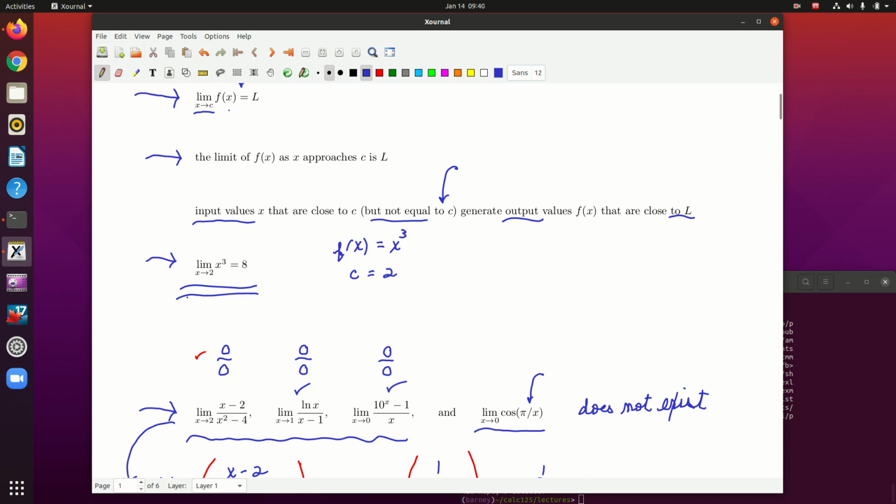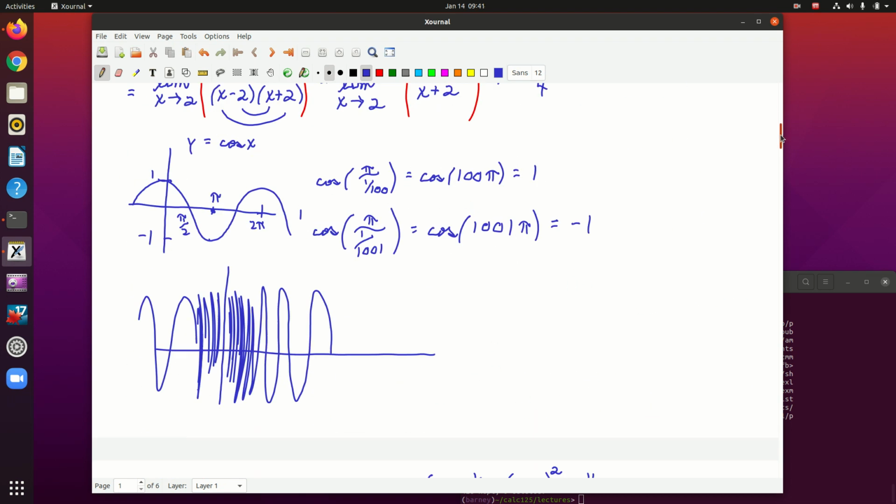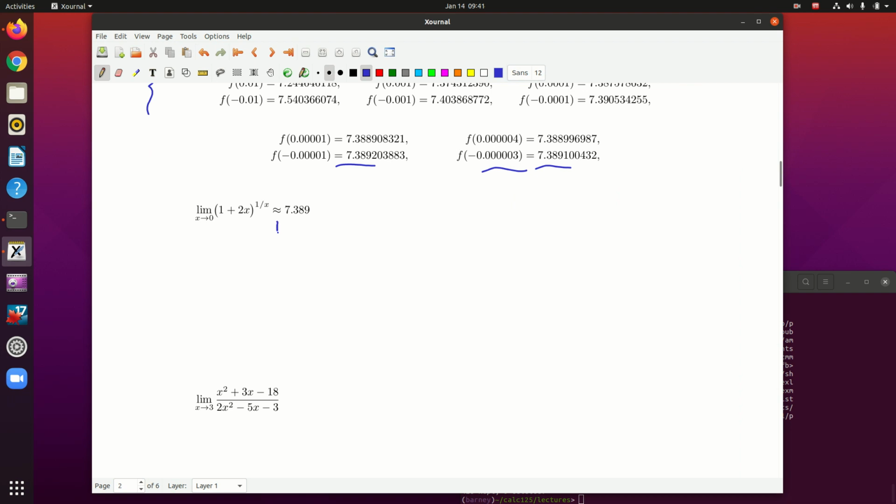But we're saying that the limit is exactly equal to 8, because the closer the inputs are to 2, we're going to have outputs that are also within a smaller range of 8. So we really are putting equals. The reason I'm putting in squiggles here is because this is not the exact value of the limit, but it's a good approximation, so we know that this limit exists, but we don't know what its value is exactly.